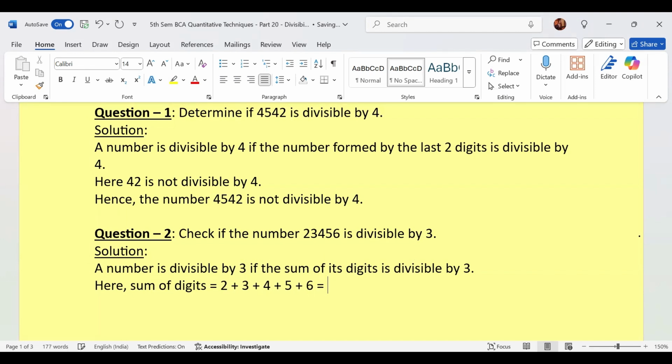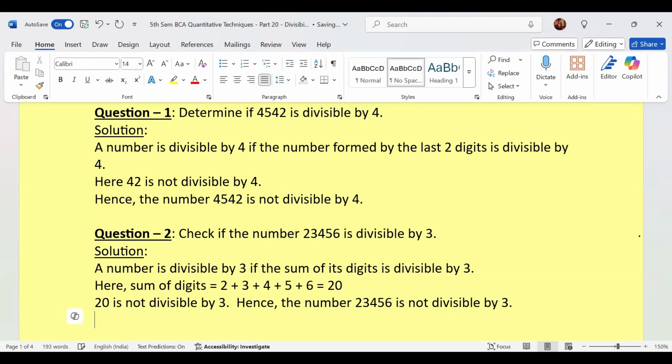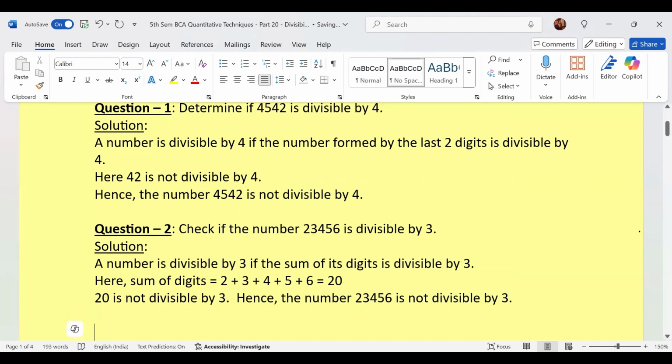If I add these, 2 plus 3, 5, 5 plus 4, 9, 9 plus 5, 14, 14 plus 6, 20. 20 is not divisible by 3. Hence, the number 23456 is not divisible by 3. That is the solution. Let me move on to the next question.